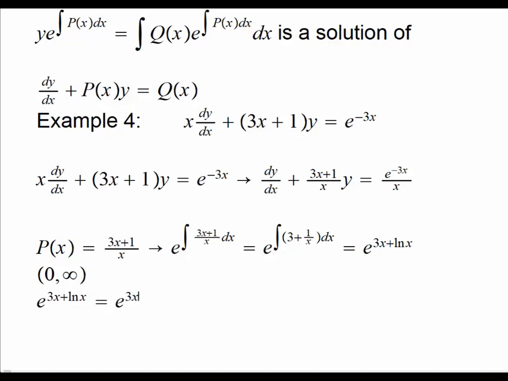E to the 3x times e to the natural log of x, which is going to become e to the 3x times simply how much? X, or in other words, x times e to the 3x.